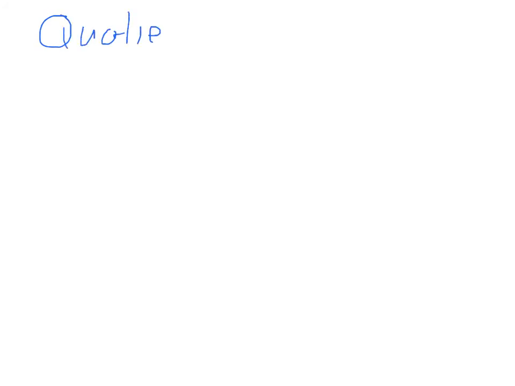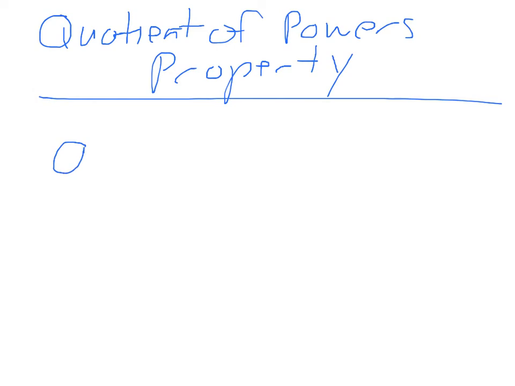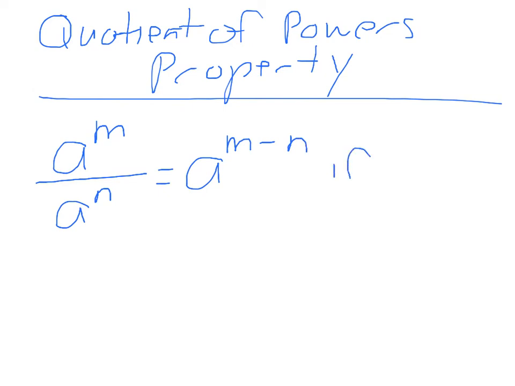So with that being said, let's look at what's called the quotient of powers property. The quotient of powers property. And this says if I have a to the m over a to the n, then all I have to do is subtract the top exponent minus the bottom exponent, where a does not equal 0.